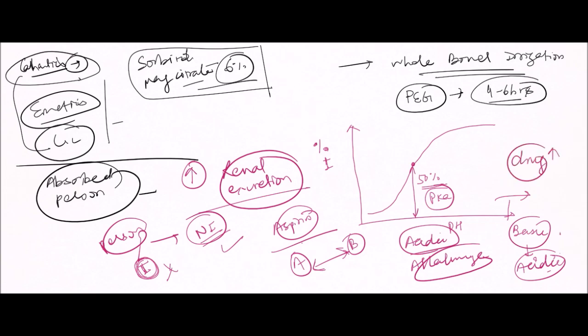So that drug will be more and more ionized and it will not reabsorb, thus we will increase the excretion of that drug from the kidney. This is the basic concept in urine alkalinization.